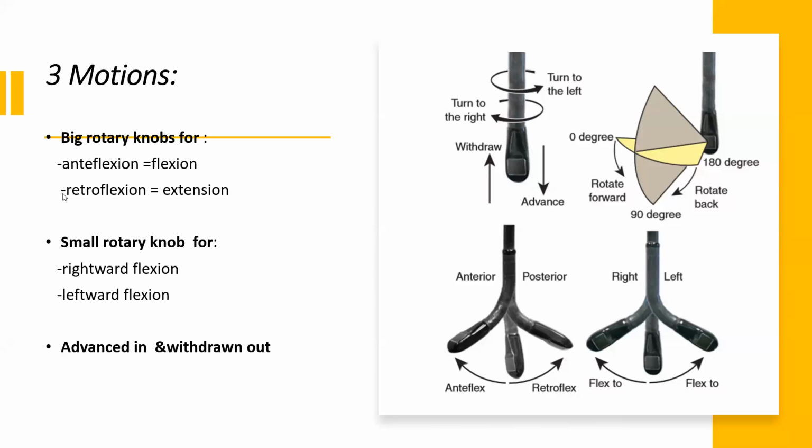So there are 2 big rotatory knobs for anti-flexion and retroflexion, and a small one for right and left. Usually we don't use the small one. Rarely we are using it. Usually we are using only the big one, unless you want some views that are difficult to obtain. And then you go down and up.